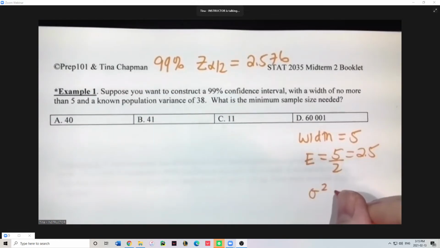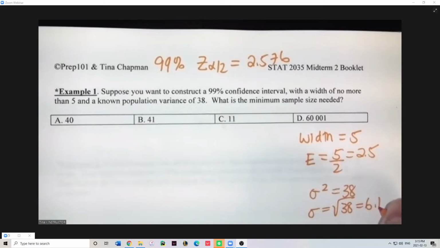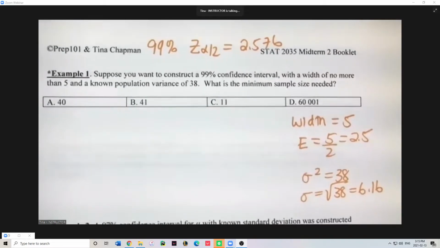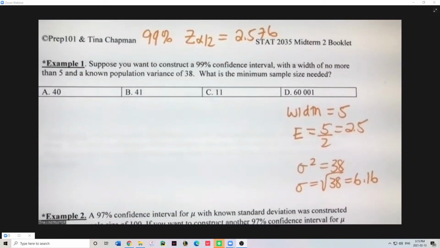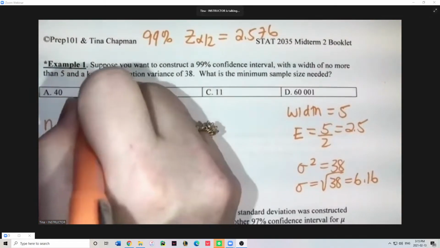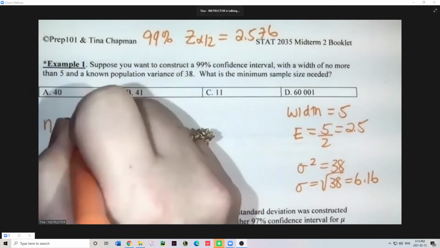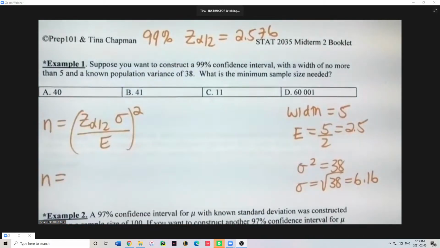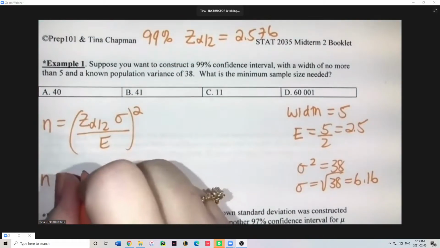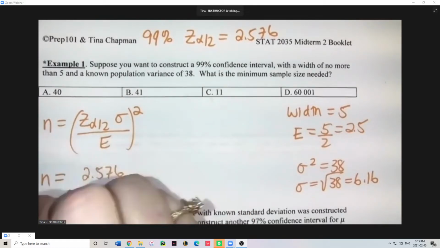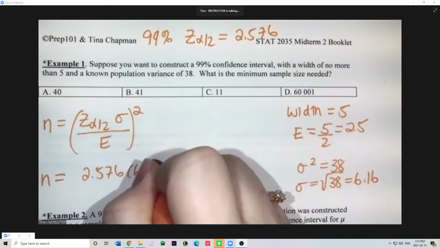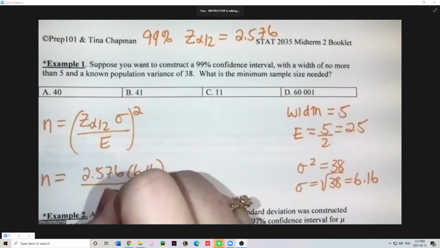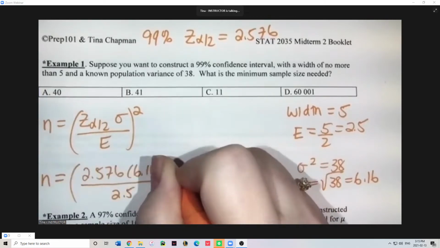And we know that the standard deviation squared is 38. So the standard deviation would be root 38, or 6.16. So our formula is n equals critical Z times sigma over E all squared. So we put everything in: 2.576 times sigma 6.16 over E 2.5 all squared.